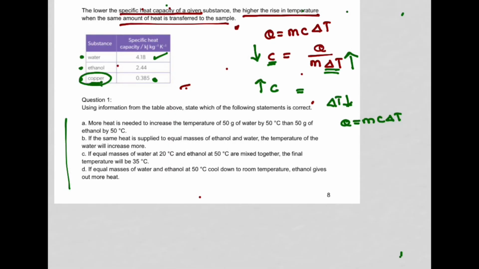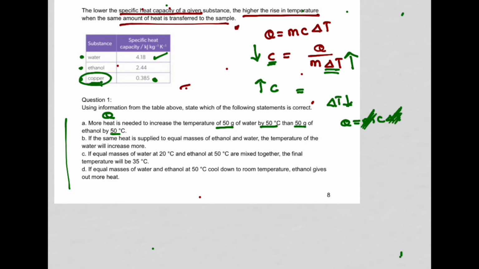So if you look at option A, it's talking about heat to raise the temperature of a fixed mass by a fixed temperature. So mass 50 gram is the same, temperature 50 degrees Celsius is the same. Which means that if I use this equation, mass and temperature are the same.